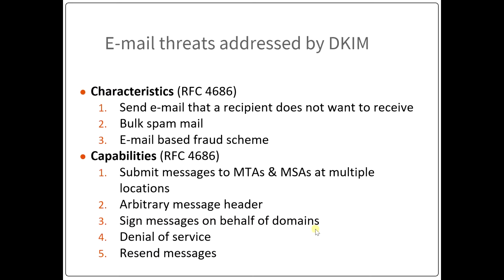First we'll look into the characteristics. RFC 4686 characterizes a range of attackers on a spectrum of three levels of threat. The first one, at the lower end, are the attackers who simply want to send an email that a recipient does not want to receive.